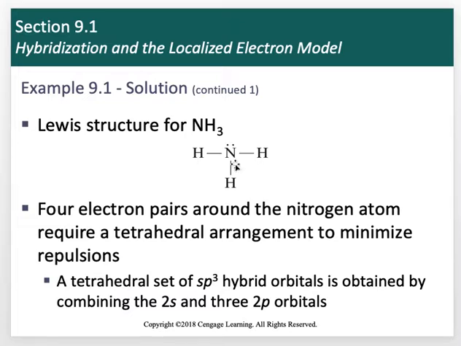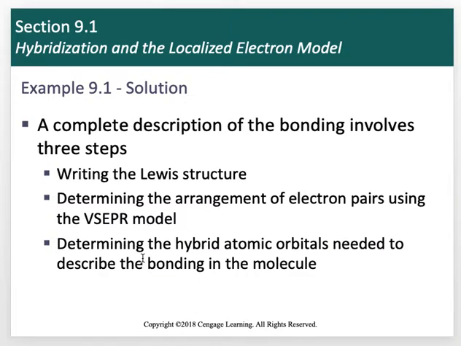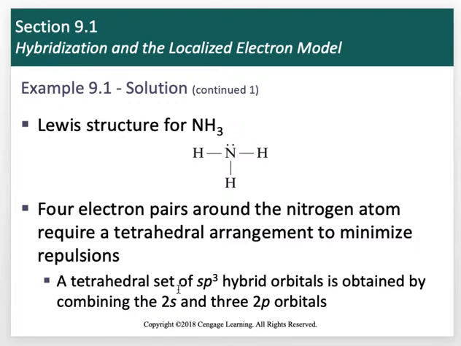Ammonia, we know, has 3 bonds and 1 set of lone pairs on the nitrogen. So that means we have 4 electronic groups around the nitrogen, our central atom. We also only have 3 bonding groups. So we know electronically this is tetrahedral, and I'm going to leave you to figure out the molecular shape. That was just on the last test you took, so hopefully you remember that. A tetrahedral arrangement, just like in our CH4, means there have to be electrons living in 4 different areas.